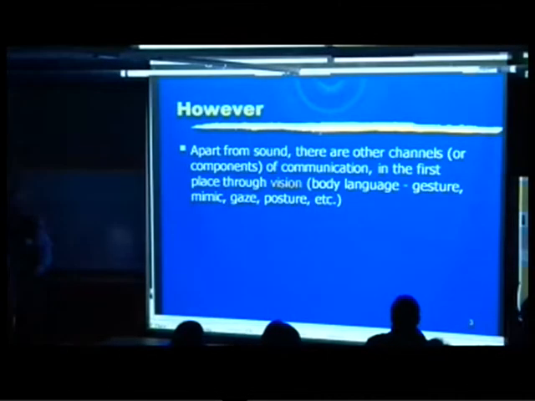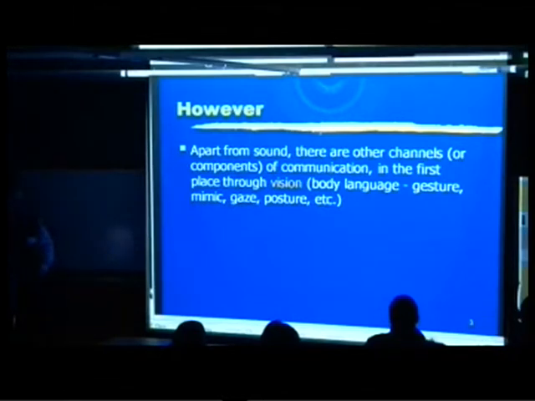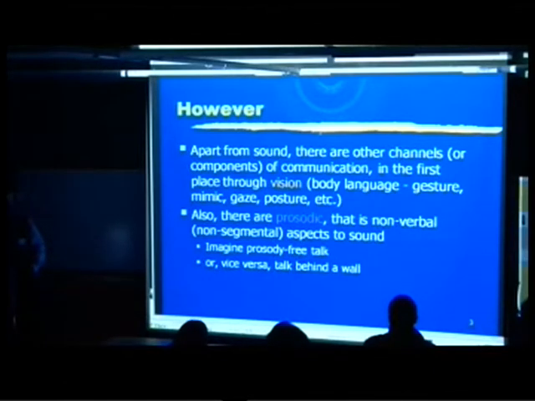And also there is another vocal channel, prosody, that is non-verbal, that is non-segmental, but still it's a part of sound. And the prosody consists of many elements such as intonation, tempo, loudness, and so on and so forth.